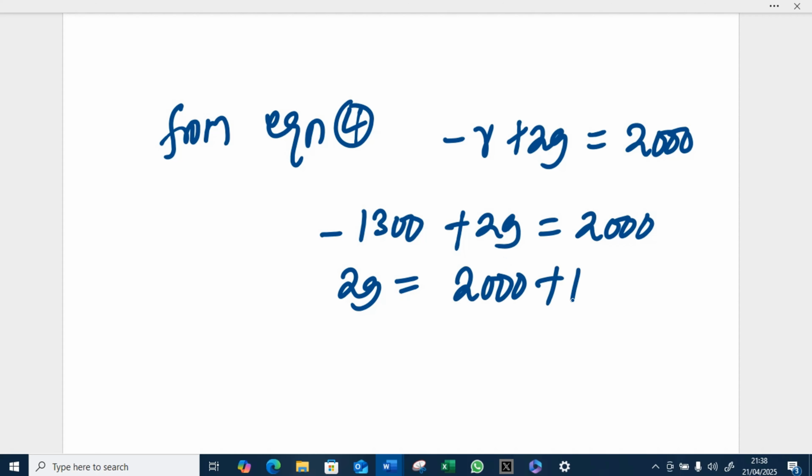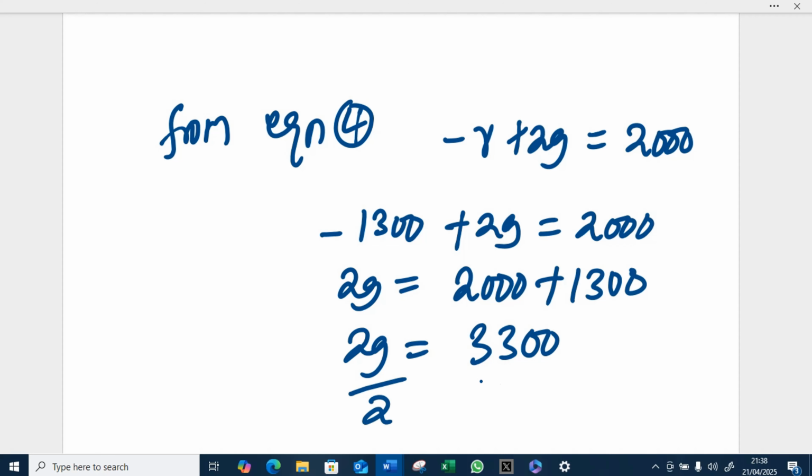2,000 plus 1,300, because we can move this side and then it becomes a plus when it crosses the equal sign. So that means we'll have 2g equivalent to 3,300. So we divide by 2, we get g as what?